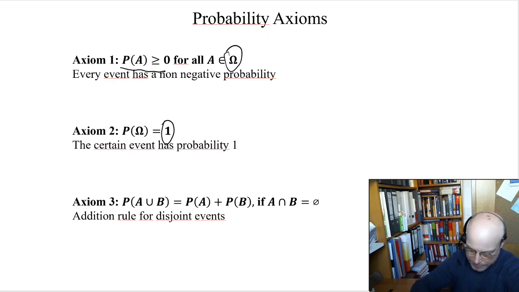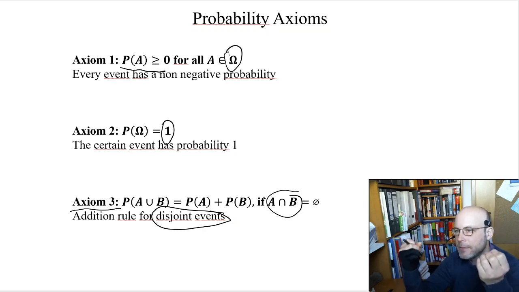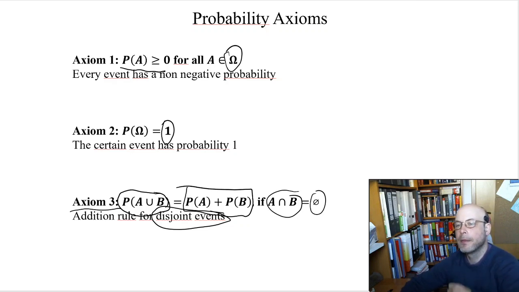And axiom 3 means that if we have disjoint events A and B, that means if we take A and B simultaneously and this is the empty set, then the union of events A and B is just the sum of both probabilities.